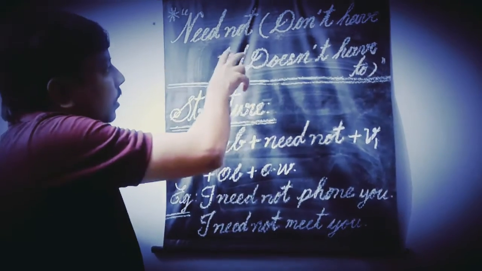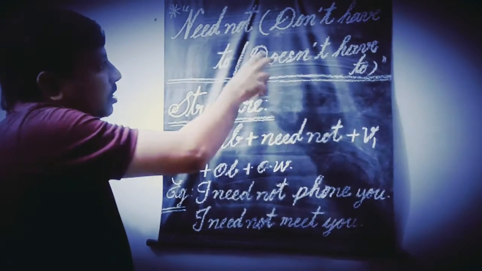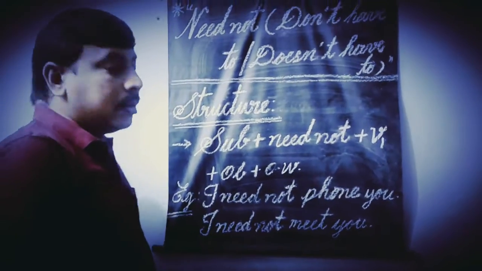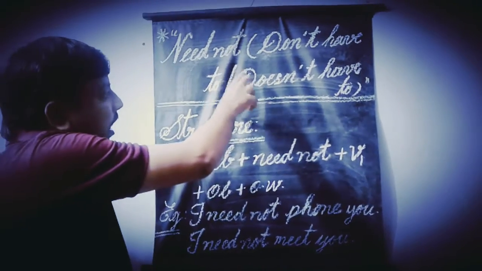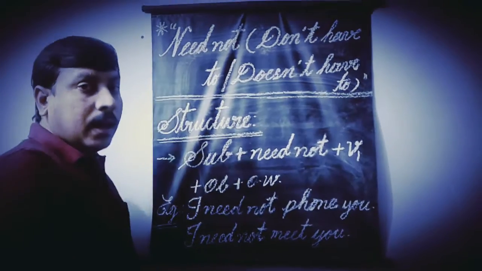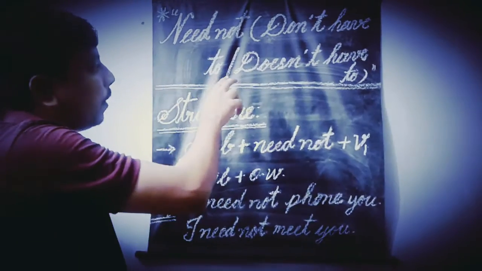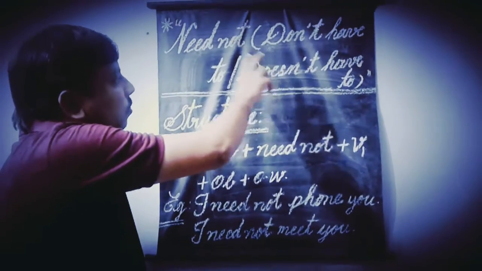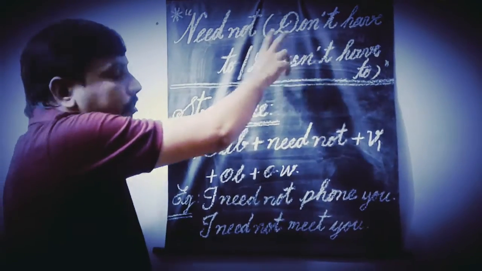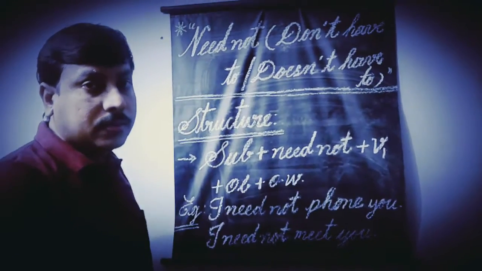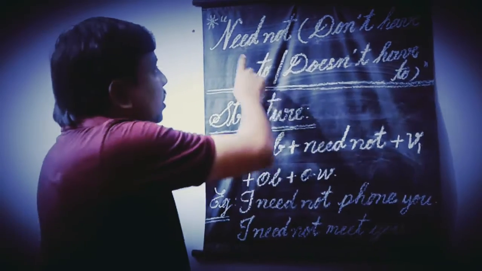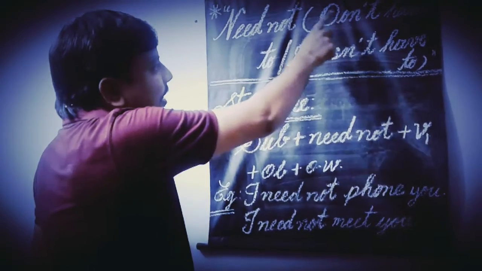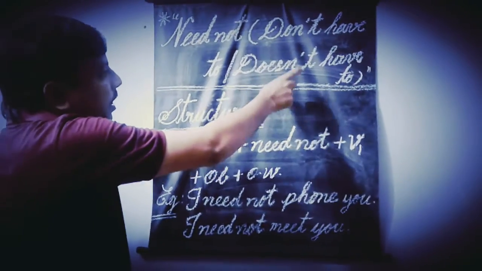You may think that I is singular, but if you take the subject I from the first person, here we should apply the plural rule for the subject I. Instead of need not, we can use either don't have to or doesn't have to.